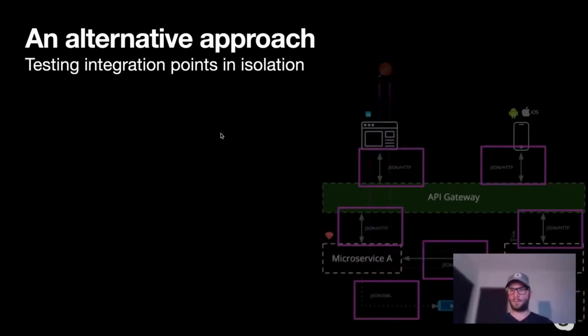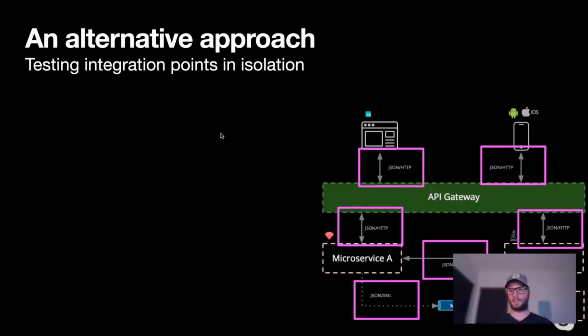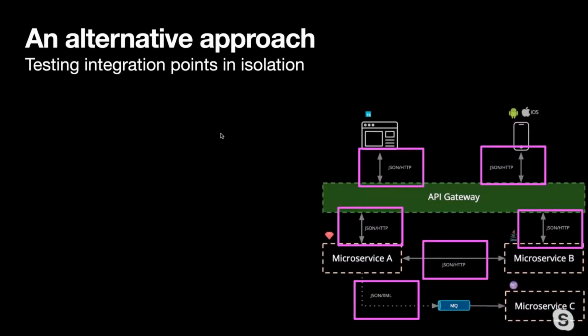We should be able to split this up into isolated integration points, define what those integration points look like, what the required inputs and outputs are, what the expectations of the communication are, and based on that, test it, hopefully locally.